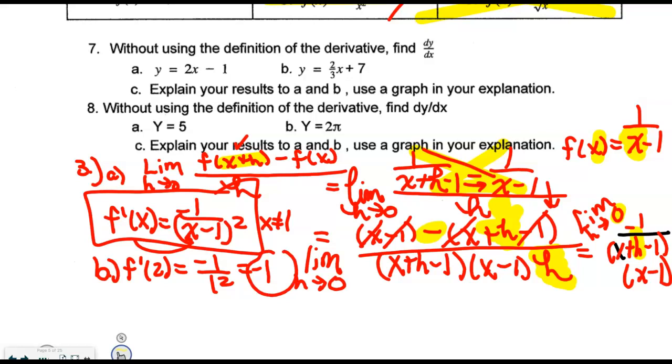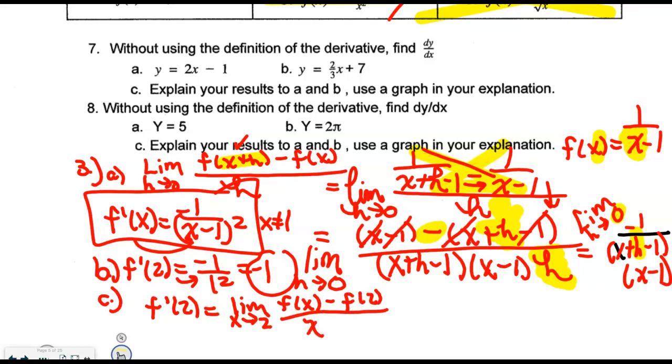That's a 1 squared, not 12. So for part C, I'm supposed to use the alternative form of the derivative to find f prime of 2. So f prime of 2 could also be found by doing the limit as x creeps up on 2 of f of x, it's the second definition, minus f of 2 over x minus 2.